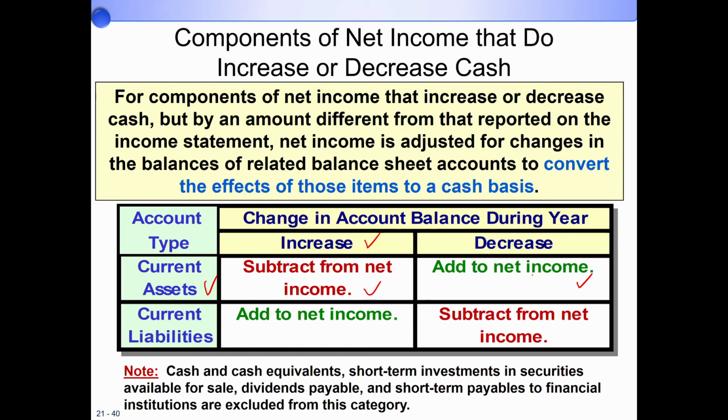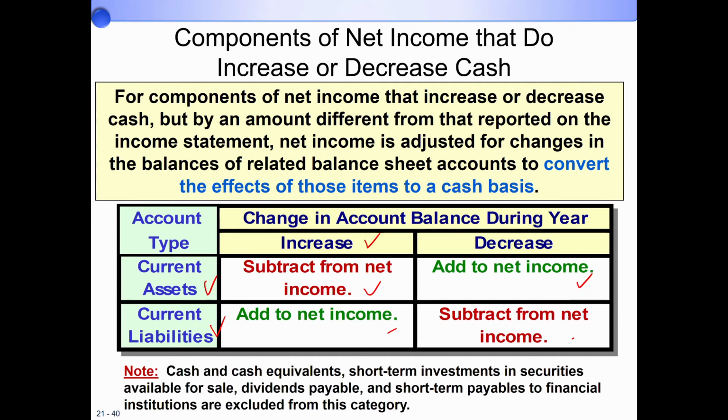So that's the current assets. How about the current liabilities? Current liabilities are just the opposite. If it increases, you add to net income. If it decreases, you subtract. Let's say accounts payable increases.